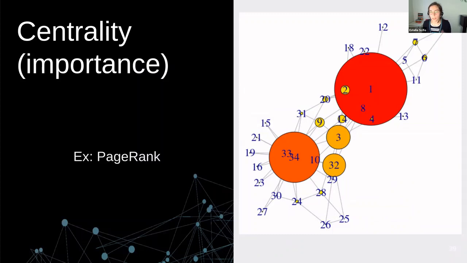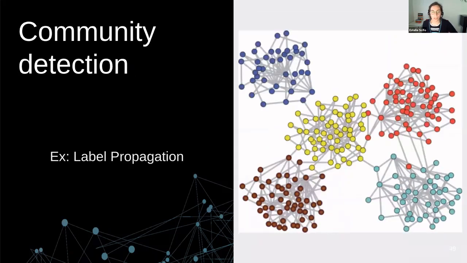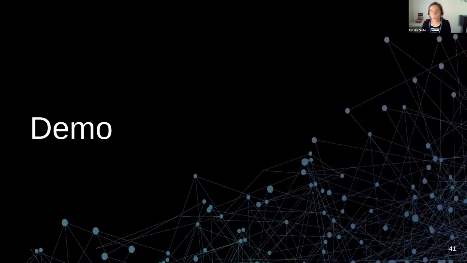Here is some visualization of a centrality algorithm, the way to measure importance. One of the algorithms is called PageRank. It has been used, and is still used, by Google to rank the results on their search engine. So it's a really important algorithm when we talk about graphs. And here is an example of a community detection algorithm. On this picture, we have identified 5 communities with a given algorithm.